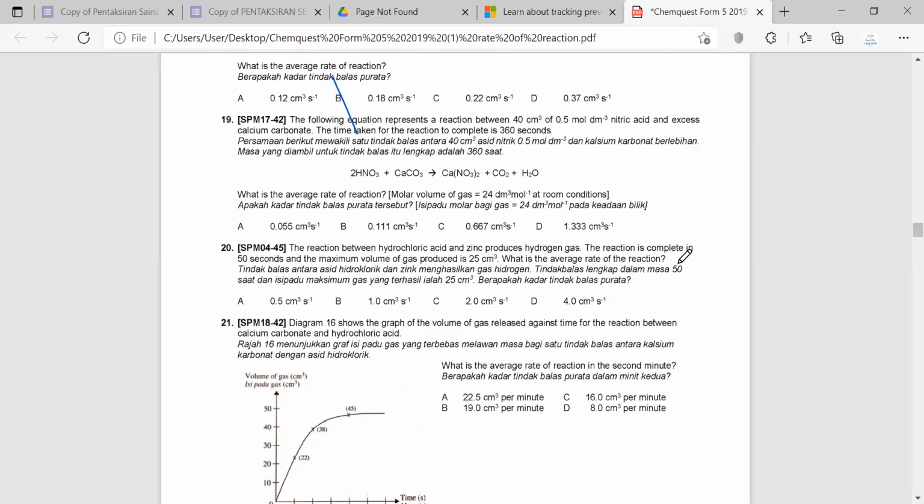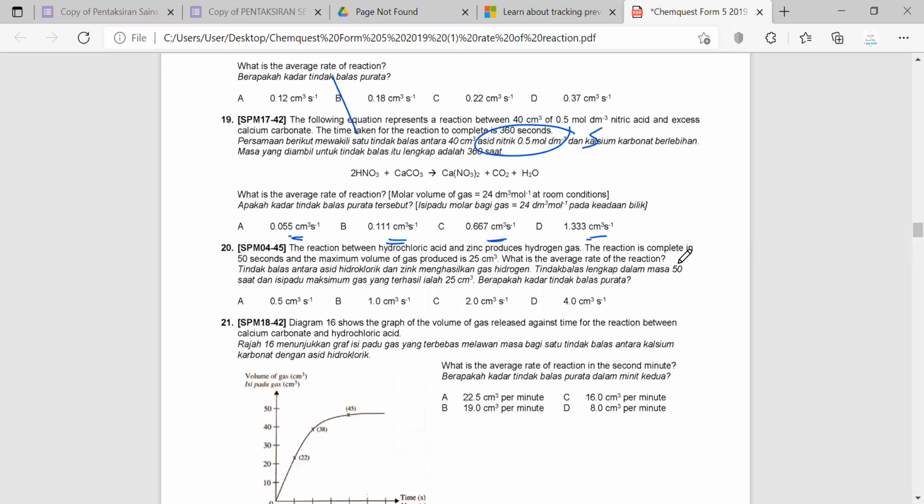Okay, the following equation represents a reaction between 40 centimeter cube of 0.5 mole per decimeter cube nitric acid and excess calcium carbonate. The time taken is given 360. So this is my time. If you look at the unit, they gave you centimeter cube. Centimeter cube means teacher is calculating volume.